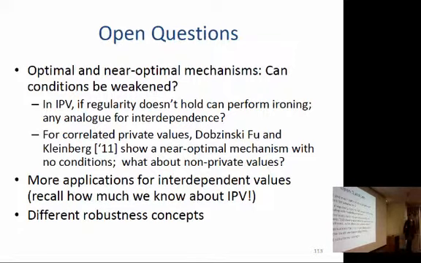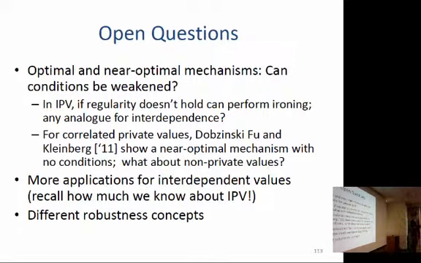I have a question about the prior independence section. In environments where you assume the players have signals, and then you map those signals to a value with a value function, I feel like maybe your mechanism needs to know the value function already, and so it's not independent with respect to the value function.